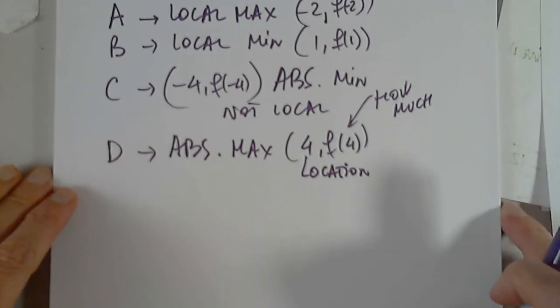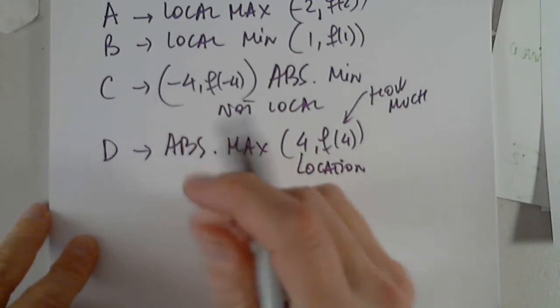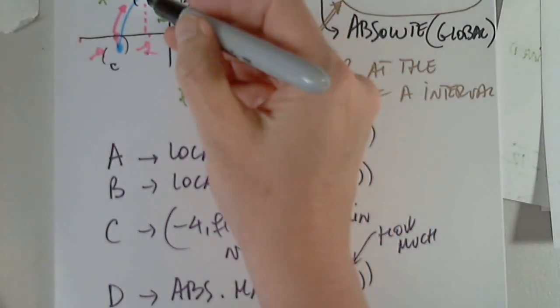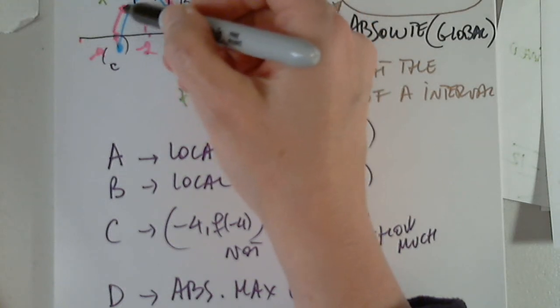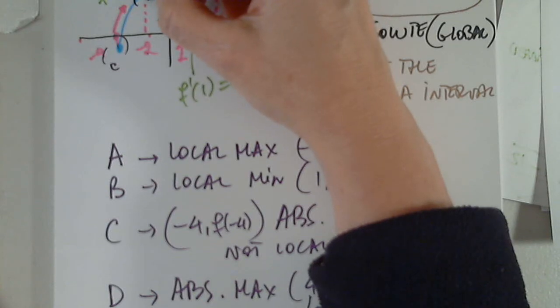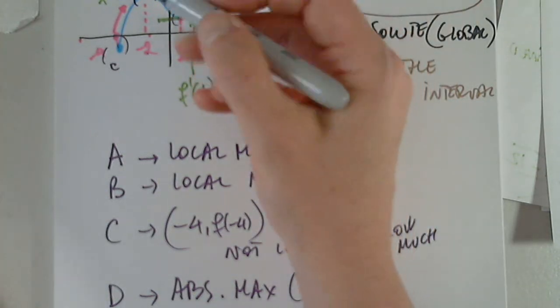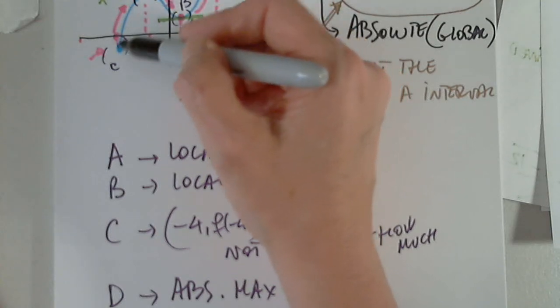Before I continue, I just want to give you the heads up. So let's look at point A for a moment. Here's point A. Notice what happens. The function is increasing on this side, and then it's decreasing on this side, and that's why this is a local max. If the function is increasing, can you say anything about the derivative, the first derivative?